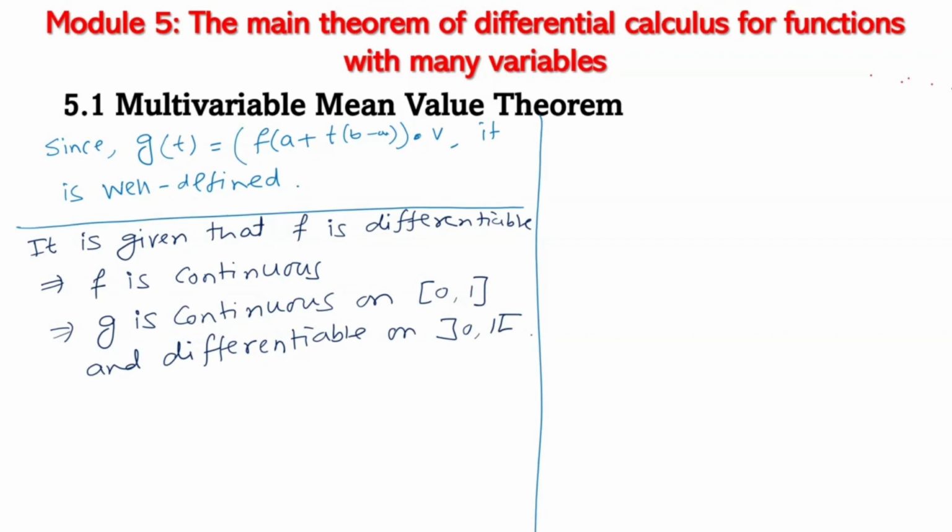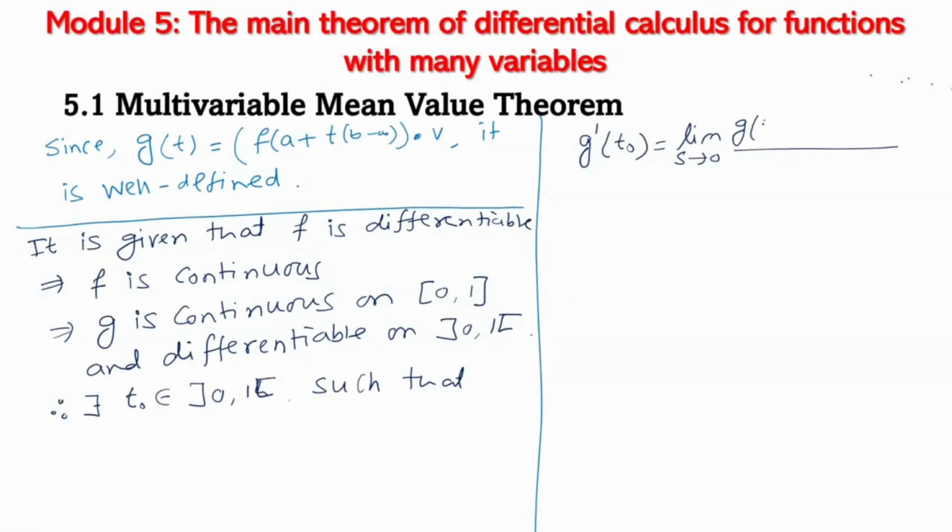Now this is a single variable function, so from the mean value theorem we know that there exists a t₀ in the open interval (0,1) such that g'(t₀) = limit as s tends to 0 of (g(t₀ + s) − g(t₀))/s exists. Now we change this g function to the f function.